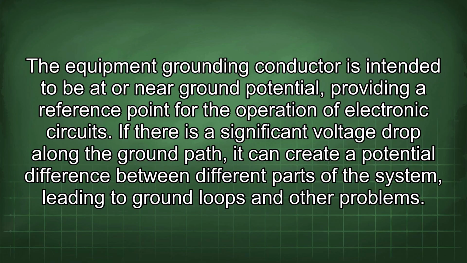The equipment grounding conductor is intended to be at or near ground potential, providing a reference point for the operation of electronic circuits. If there is a significant voltage drop along the ground path, it can create a potential difference between different parts of the system, leading to ground loops and other problems.